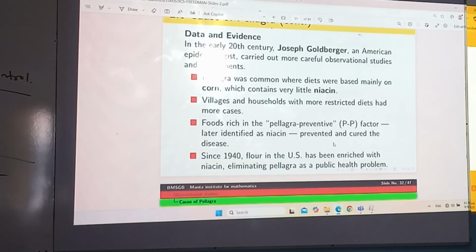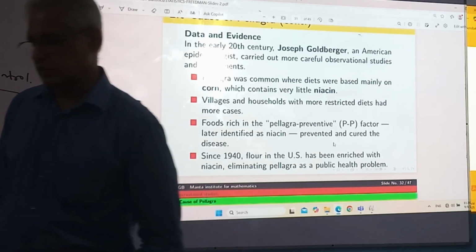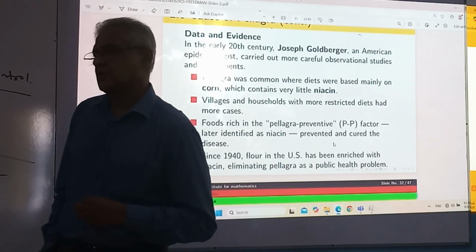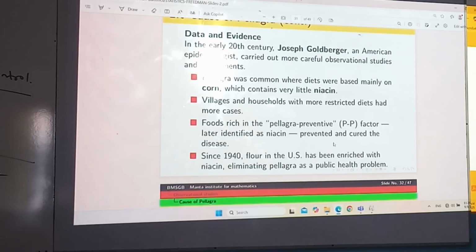So they found out that in most of these households where this particular disease existed, people were poor and the main food they were eating was corn. And they knew that corn doesn't have some particular vitamins and some other minerals. One thing that was lacking in the corn was niacin.